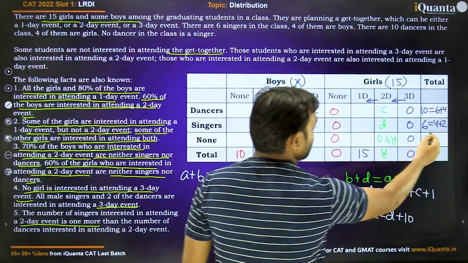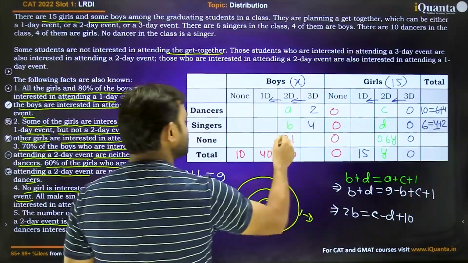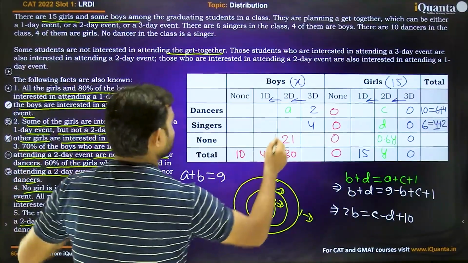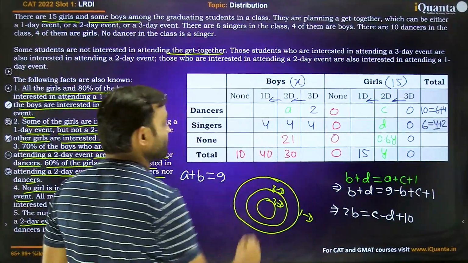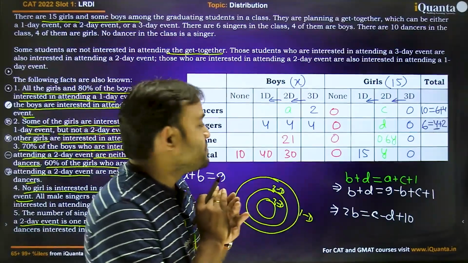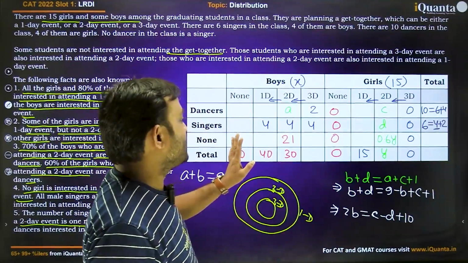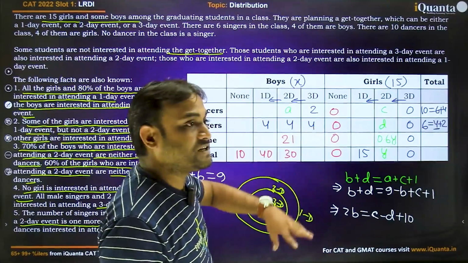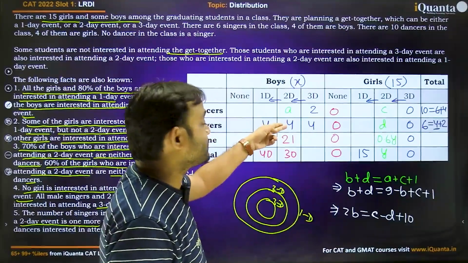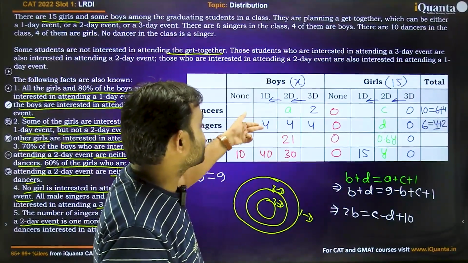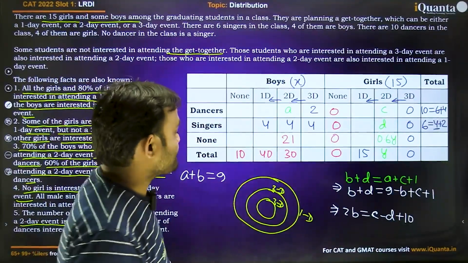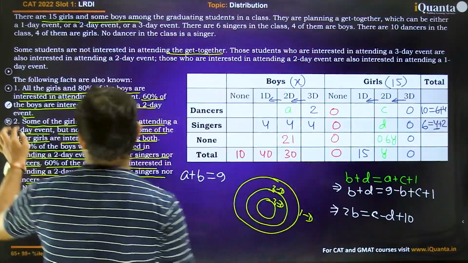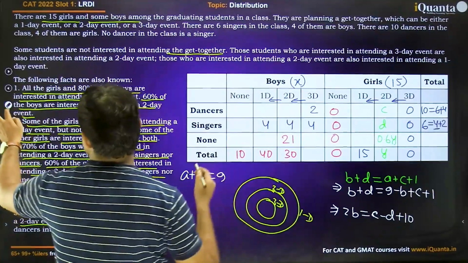Now we know that this value is 4, so it should be clear that B is nothing but 4, and this value will also be 4. There is no value in between. The number of boys who are singers and interested in a 3-day event is 4, and those are also interested in a 2-day event, which is 4, and also in a 1-day event, which is also 4. These values are 4. We know that A plus B is equal to 9, so we can take A is equal to 5.